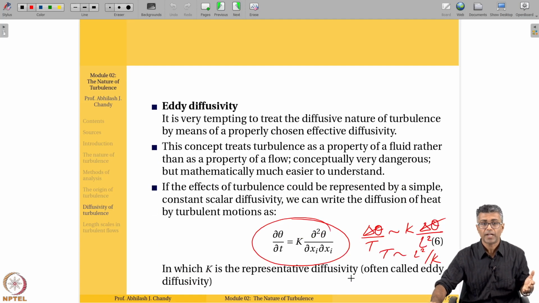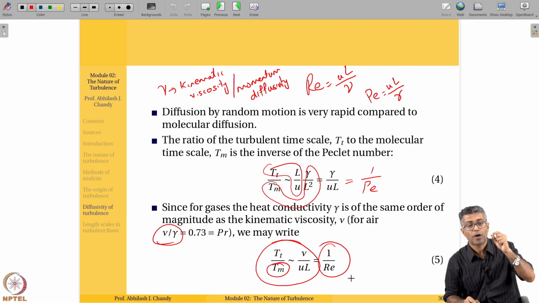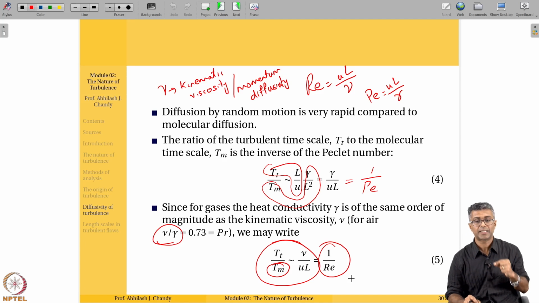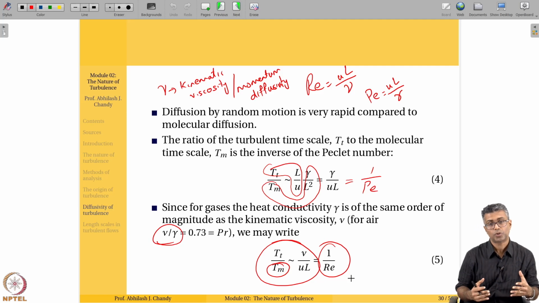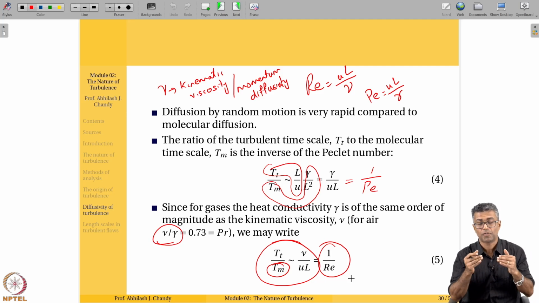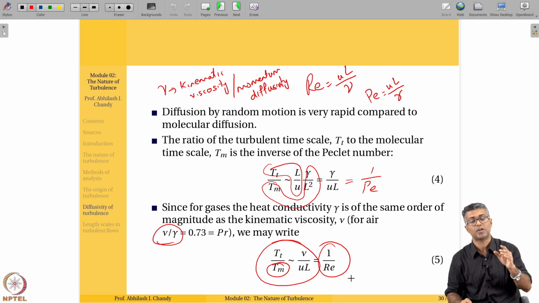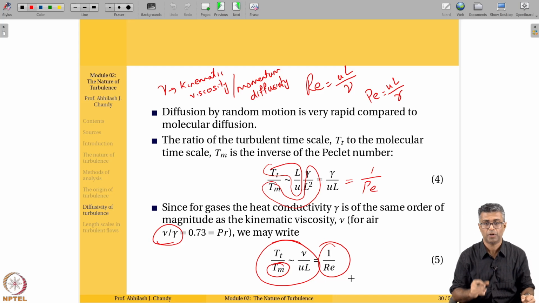Then what we tried to do was to see, okay, what is the ratio of the turbulent time scale to the molecular time scale? And that turned out to be the inverse of the Peclet number. It also turned out to be the inverse of the Reynolds number due to the fact that the momentum diffusivity is of the same order of magnitude as the thermal diffusivity for gases.